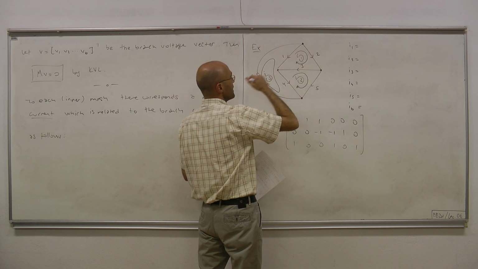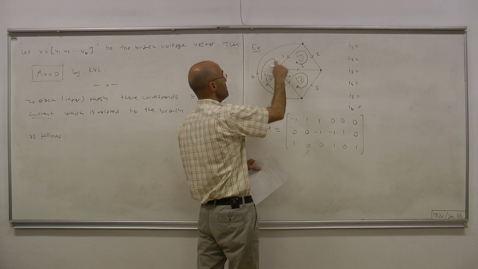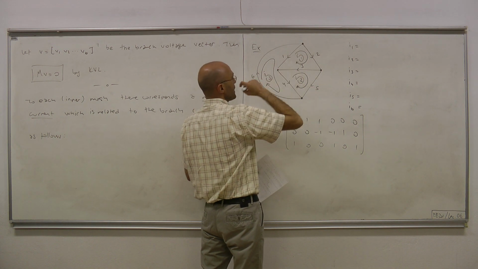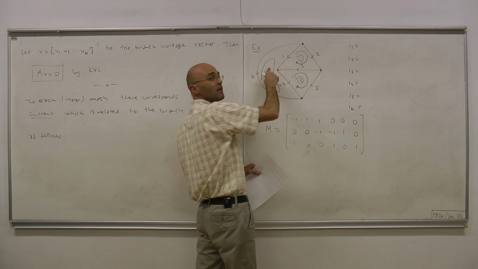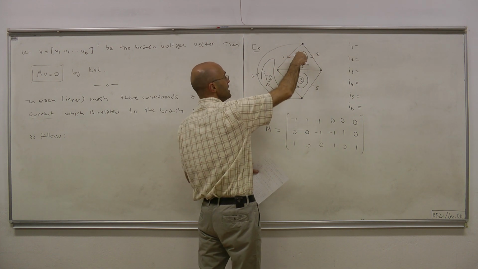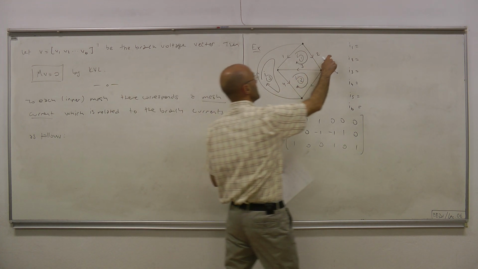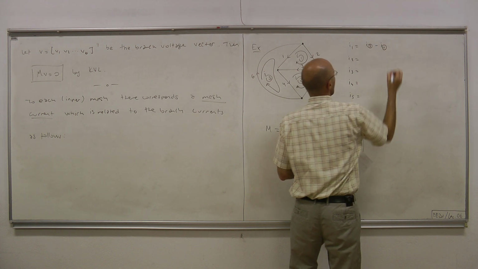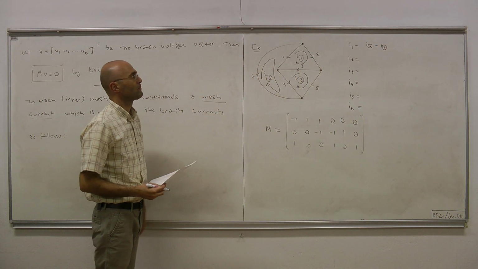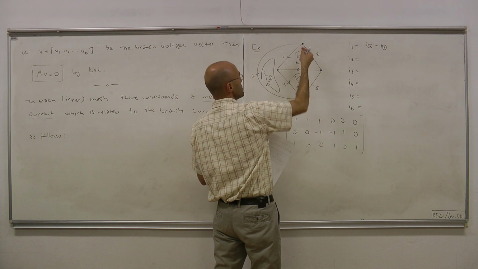Branch number 1 touches two meshes, mesh 1 and mesh 3. Its direction is the same as mesh 3, and opposite to mesh 1. Therefore we write I1 equals I3 minus I1, same as I3 and opposite to I1.